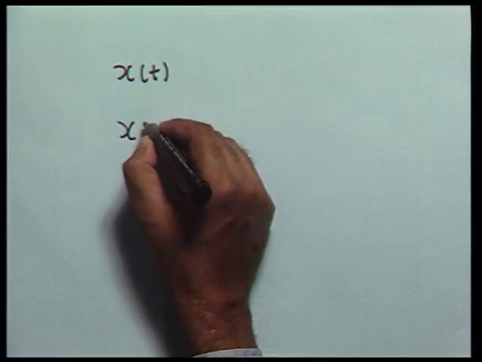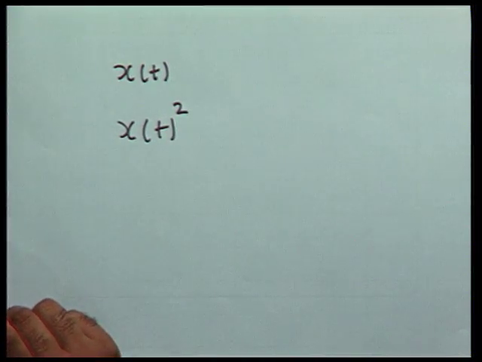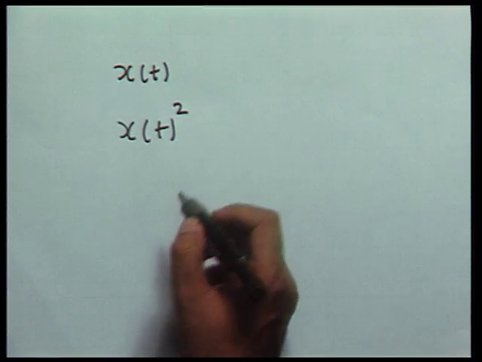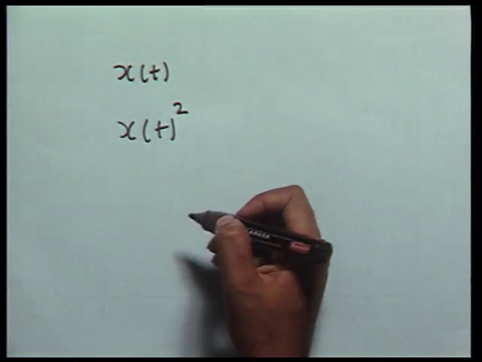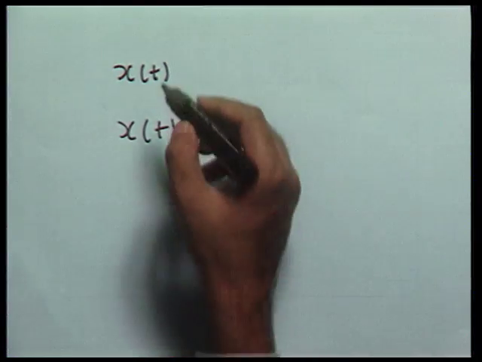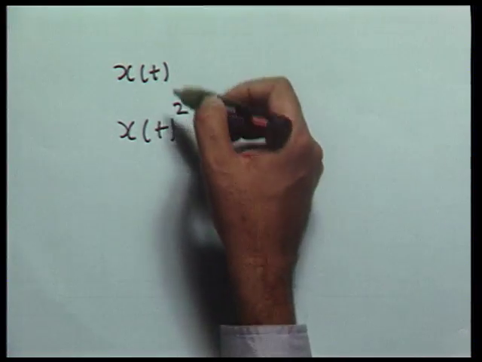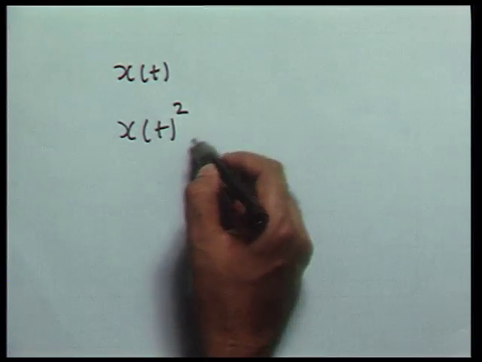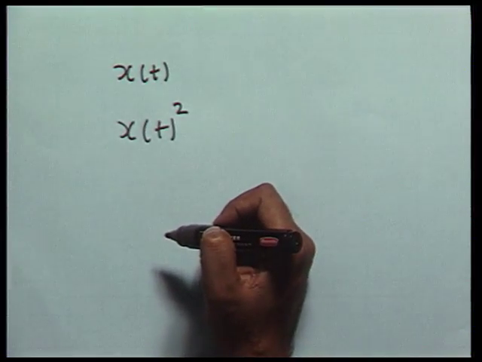And suppose I had some other particle moving like this, x(t) squared, that is the distance at time t from some fixed origin. Would the rate of change of distance against time for this and this be given as the square? In other words, would the derivative of this be the square of the derivative of that? And the answer is no.